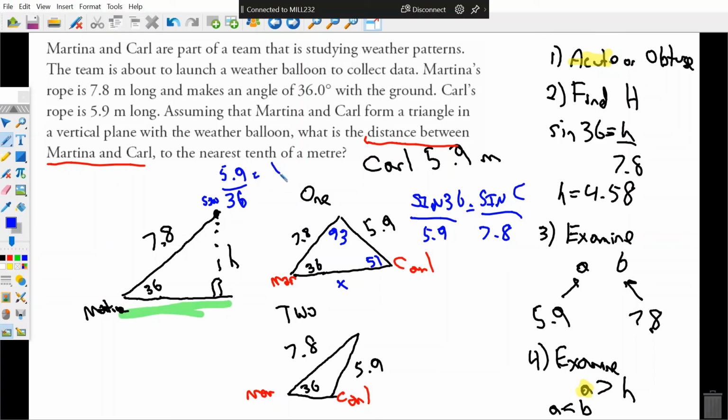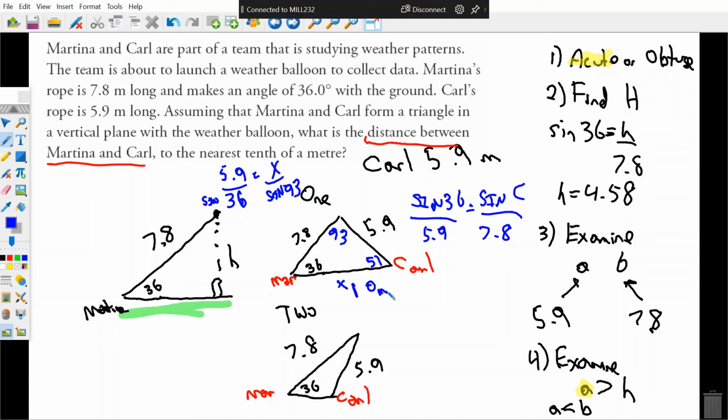Again, cross multiply and divide. Sine 93 times 5.9 divided by sine 36. The first possibility is that Carl is 10 meters away from Martina. Okay, that's one possibility.